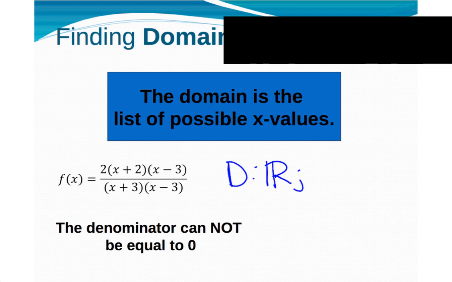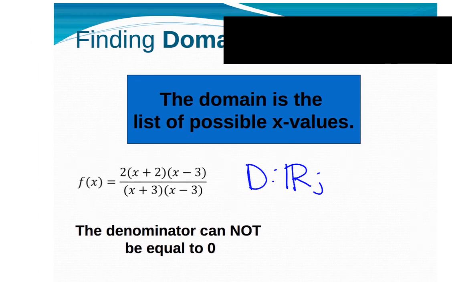So in our denominator, we have x plus 3 and x minus 3. We know that they can't be 0, so if we plug in a -3, we have 0. So we know that x cannot be -3 because that will give us 0 in the denominator.